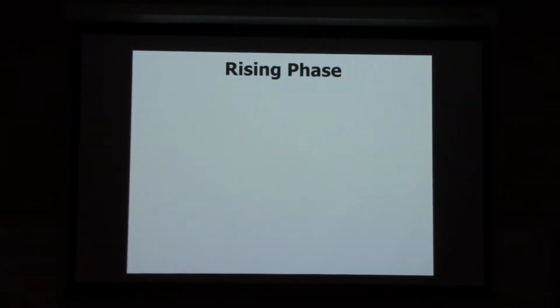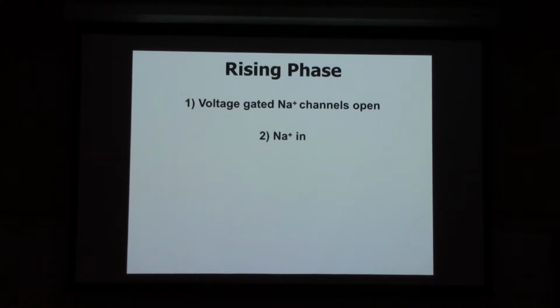All right, let's go to the rising phase now. Remember we had our voltage-gated sodium channels open, which leads to more sodium coming in. So if more sodium comes in, the cell depolarizes even more, which is going to trigger more voltage-gated sodium channels to open.